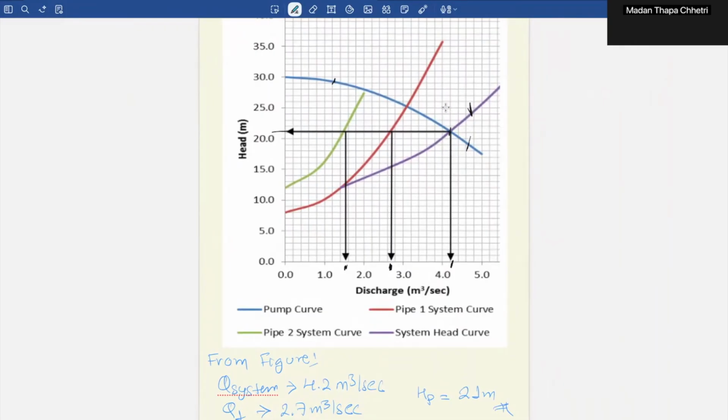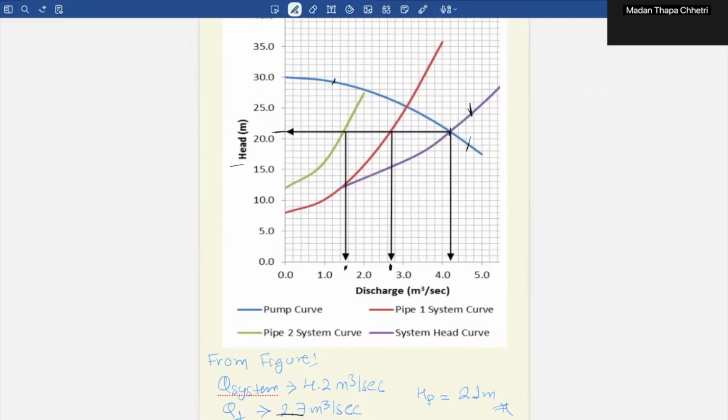For the overall system, Q system will be equal to 4.2. For Q1, it will be equal to 2.7 cubic meters per second, and for Q2, it will be equal to 1.5 cubic meters per second. Whereas in the horizontal section, the pump head will be equal to 21 meters.